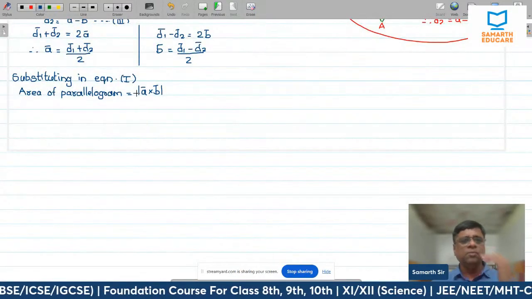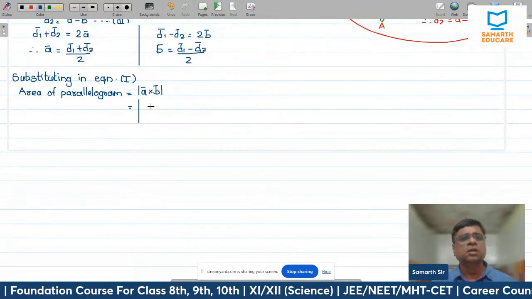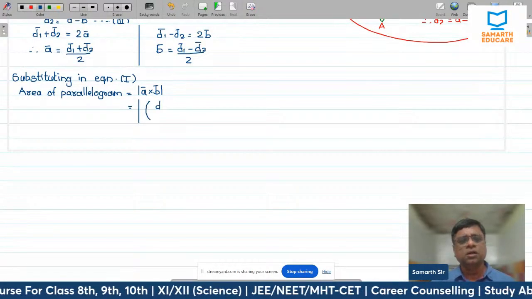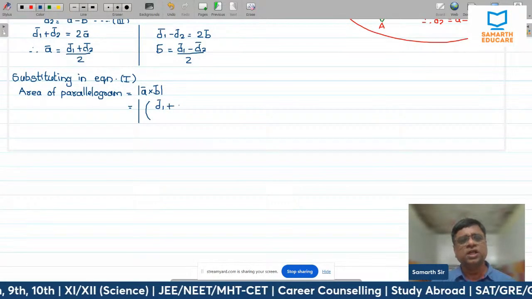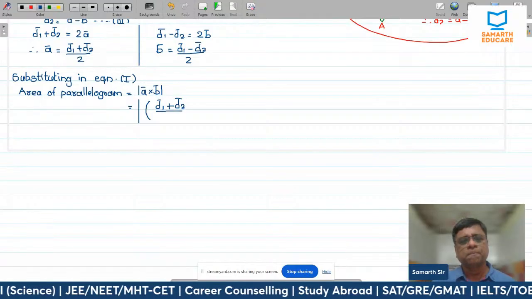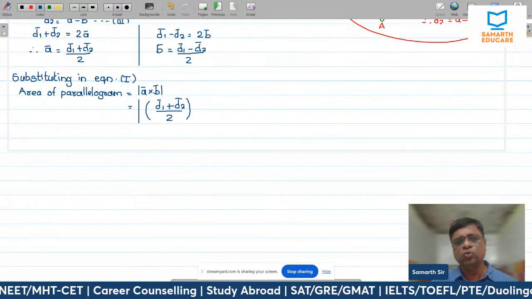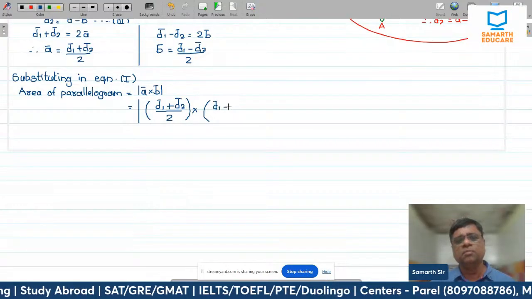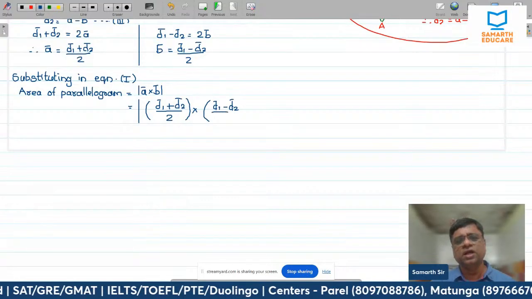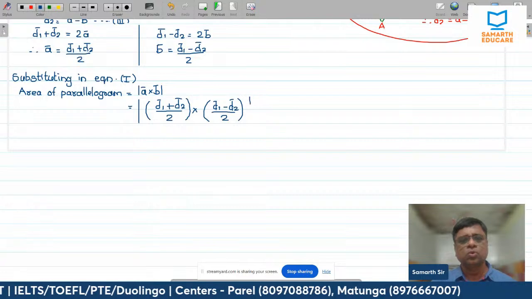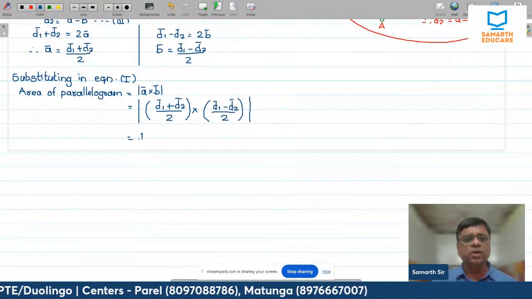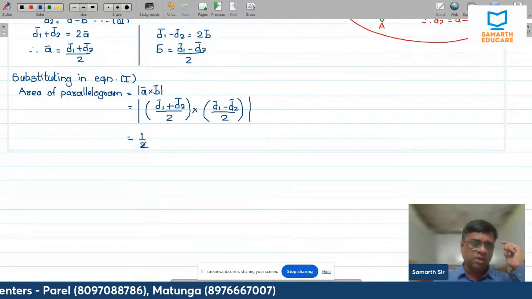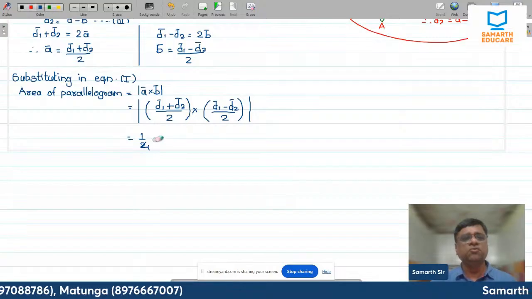So what is a bar? A bar is d1 bar plus d2 bar divided by 2 cross d1 bar minus d2 bar divided by 2. Now 1 by 2 into 1 by 2 becomes 1 by 4. So I'm writing 1 by 4 outside.